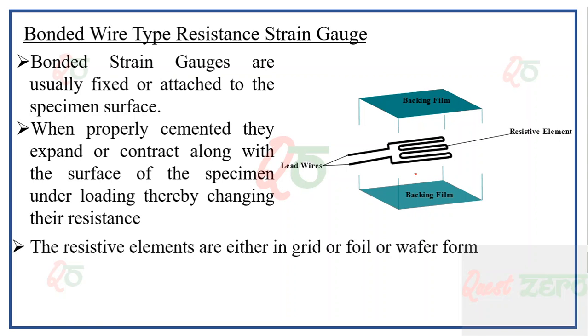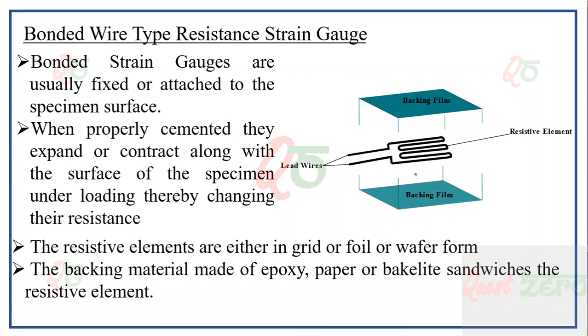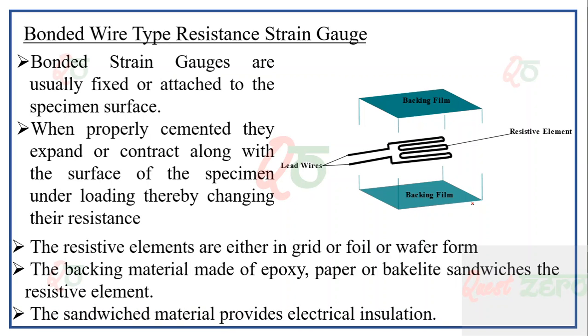It could be in grid, foil or wafer form. Generally it will be in grid form. The backing materials, as I told you, could be epoxy or bakelite, sandwiching the resistive elements. The backing films provide the electrical insulation.